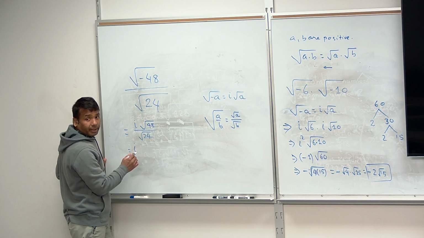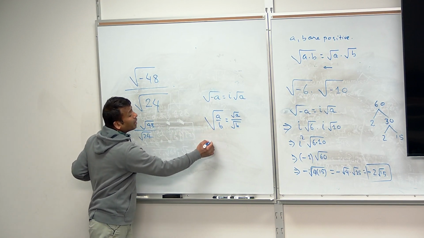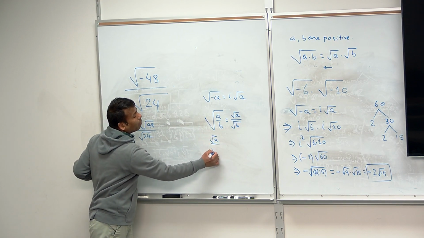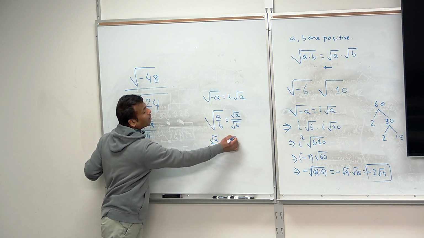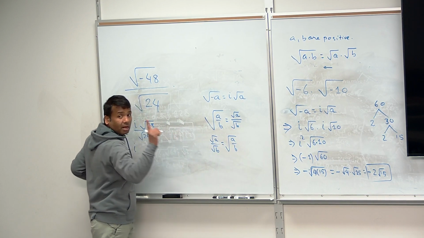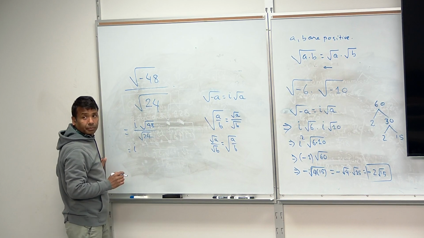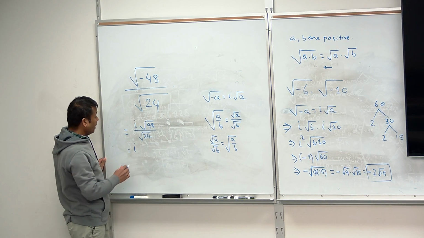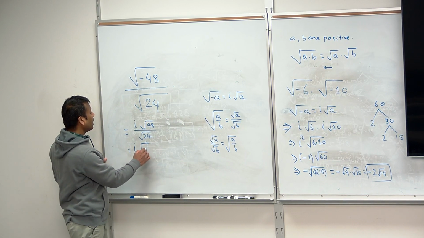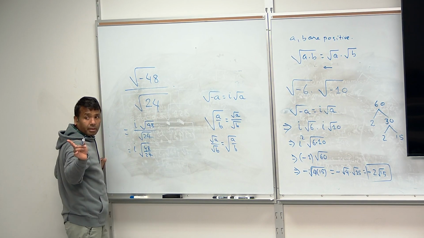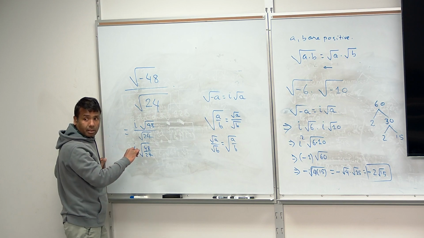Are you with me? So this is the same as radical a over radical b equals radical a over b, if a and b are both positive. Good. So now this is the same as radical 48 over 24. Did that make sense here?